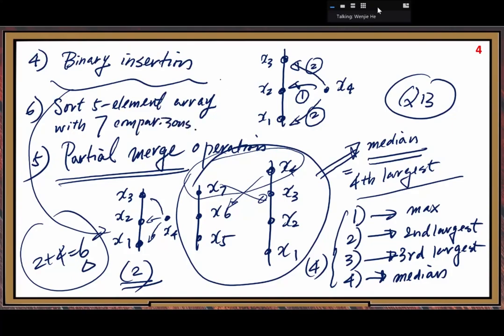And we know how to do it. We did it in class. That means you treat it as an existing result, and you can use it in the final. We know all those 7 comparisons, so you just use it.